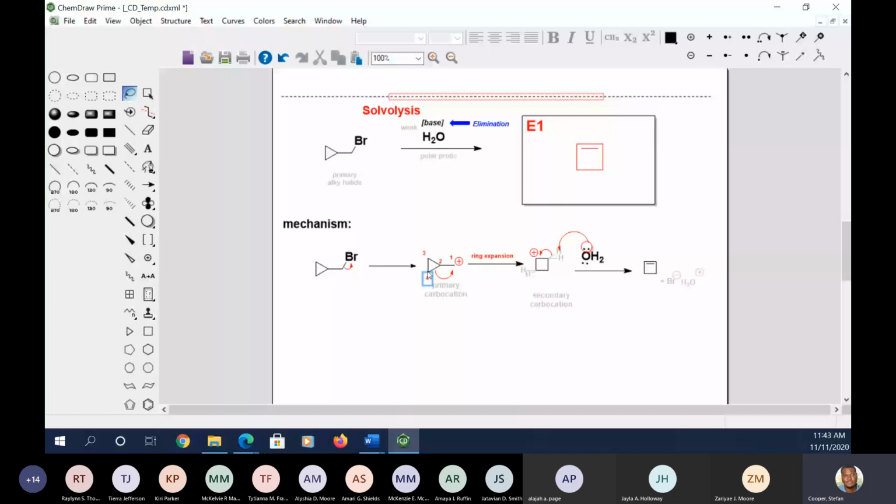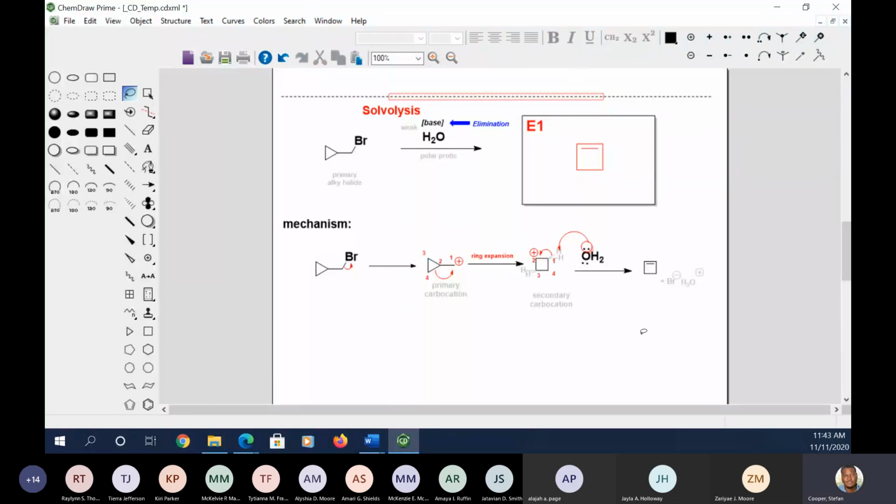And when it loses 2 electrons, it's going to become a positive charge. So 2 is the carbon cation right here. 1 now gains a bond to 4. So 1 is going to be here. Now 4 is bonded to carbon 1. And 3 is just the carbon next to carbon 2.